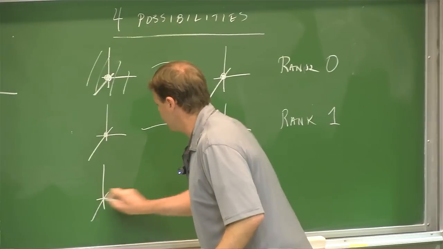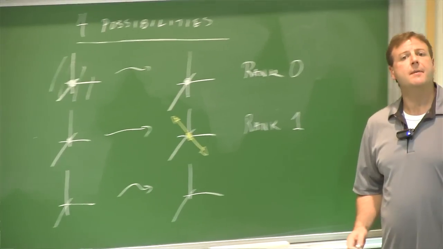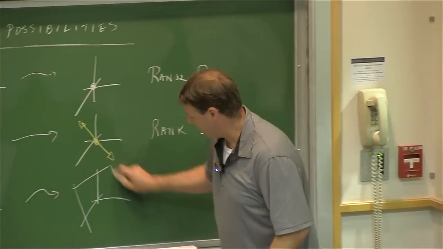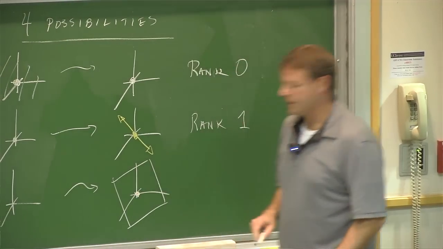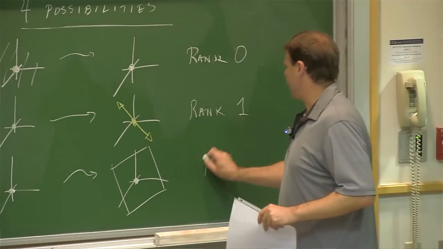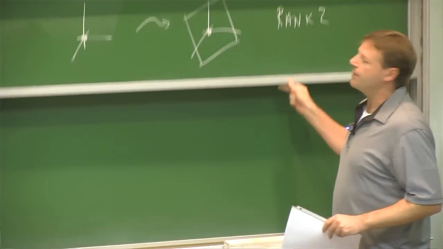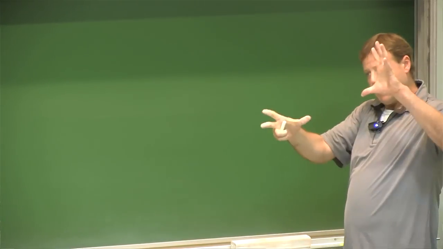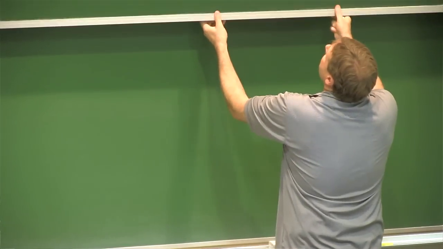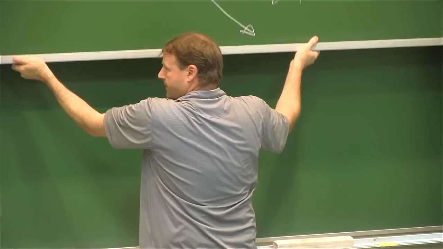And then we could have rank 2. Okay, what's rank 2? That means the dimension of the image has to be 2-dimensional, so that's a plane. And again, it takes the origin to the origin. So there's rank 2. And then rank 3 will be, it just takes the whole 3 space, the 3-dimensional space, into a 3-dimensional space. It might do some things along the way, but the result is a 3-dimensional image.